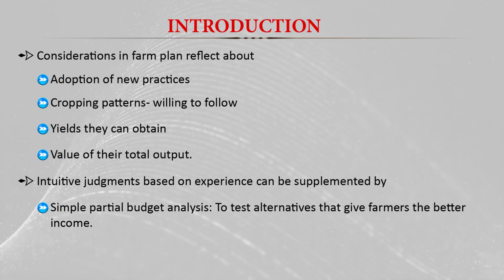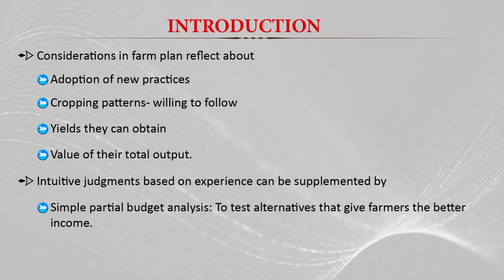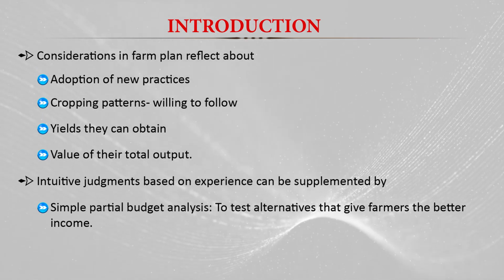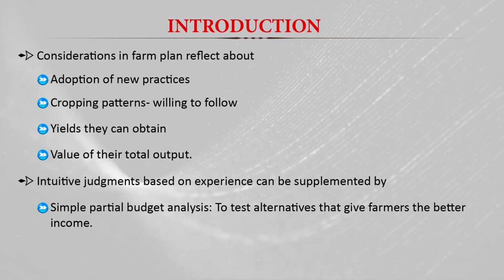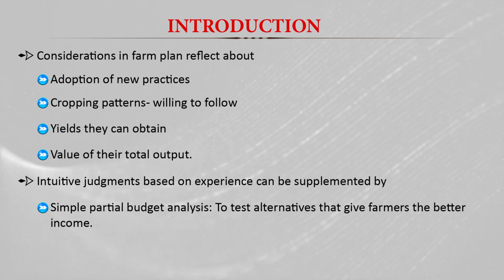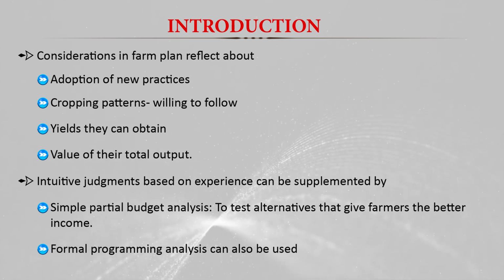So his experience can be supplemented with a simple partial budgeting analysis, and if available, we can use formal programming analysis like linear programming or other mathematical analysis to develop the farm plan or the farm budget.